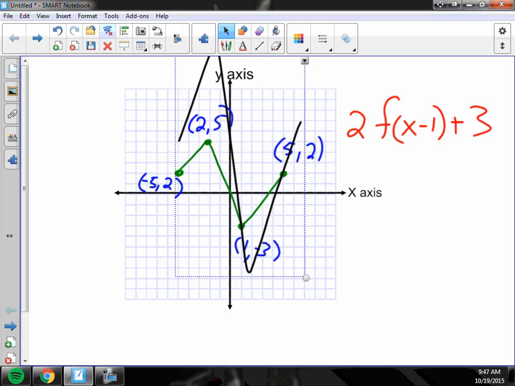In this case, if I made it twice as big, right 1 and up 3, is that any different than right 1, up 3, and twice as big? No, those are all the same. So there are some specific cases where you're reflecting across the y-axis, where it matters, and reflecting across the x, but I don't think they're going to do that to you. I don't know. We'll see if you have any problems.